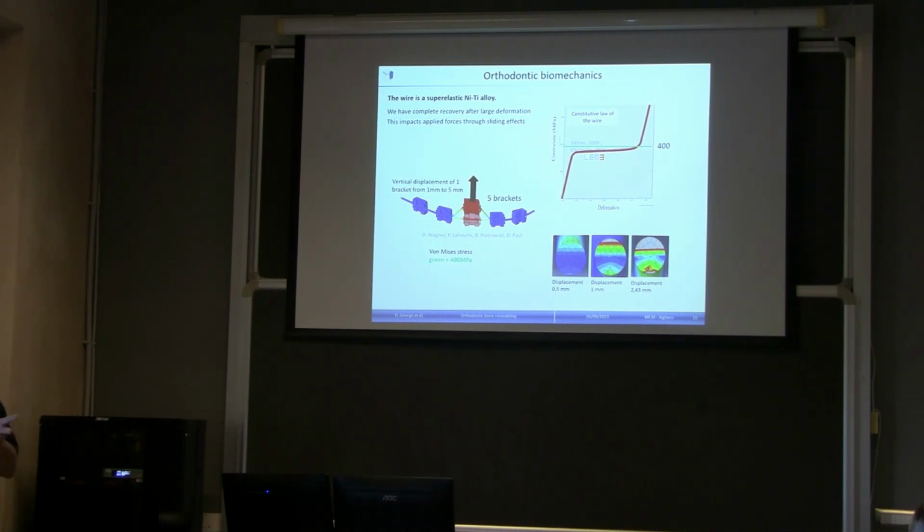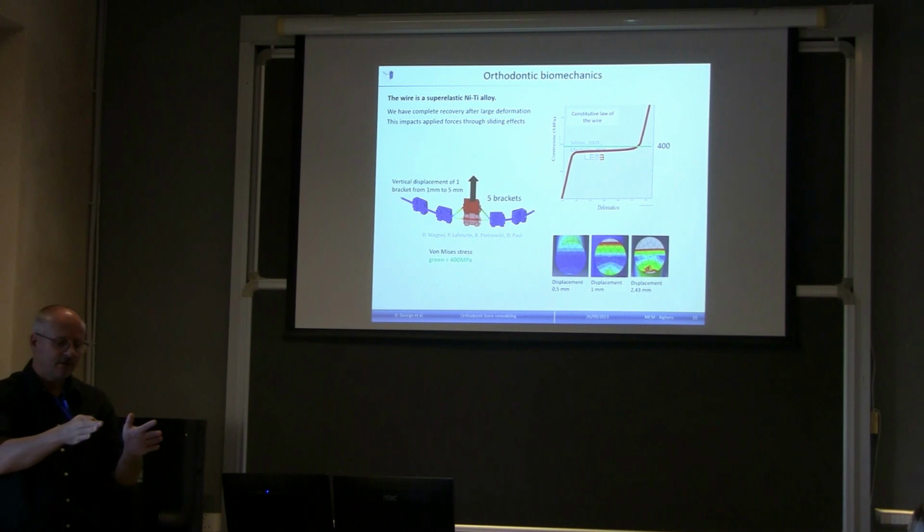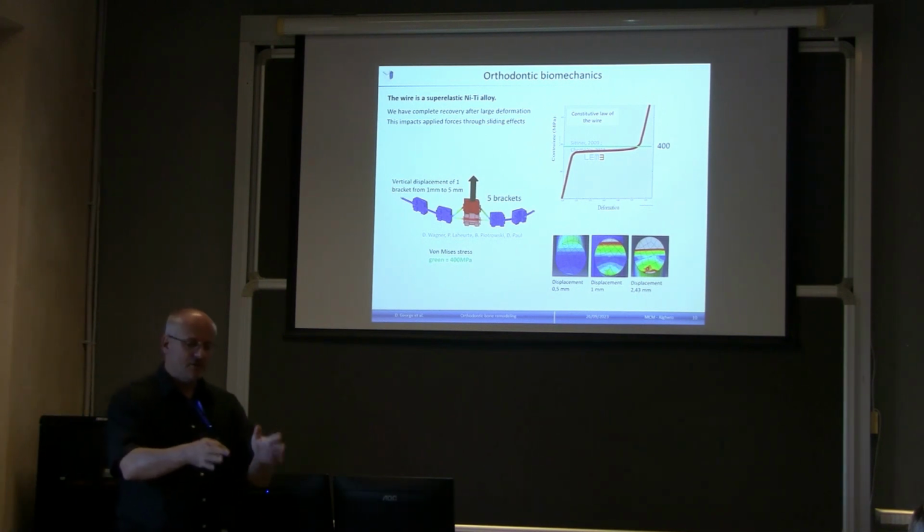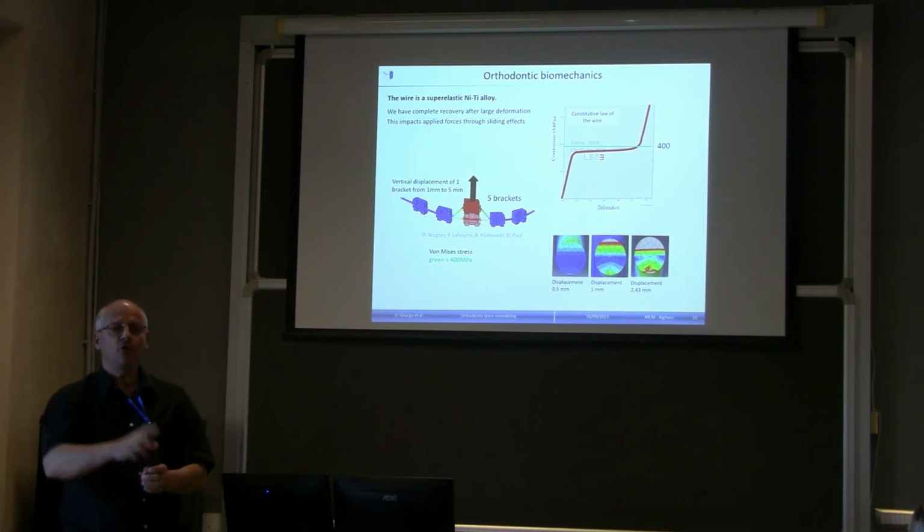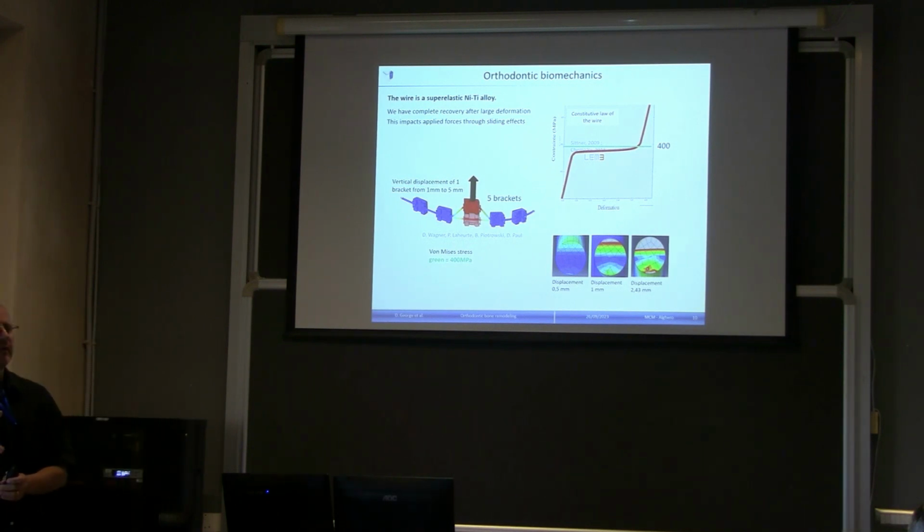So you have a combination between, on the one side, the choice of the wire, the size, the material, etc., the quantity of displacement that you need to apply because the tooth is far away, and the friction, the wire sliding through the brackets, and the material's behavior. So all that is a little bit complicated to deal with.